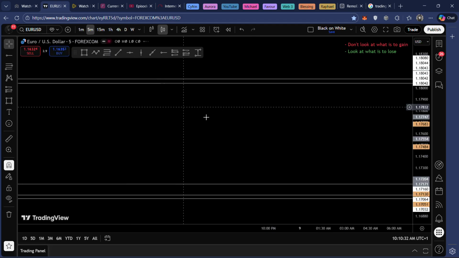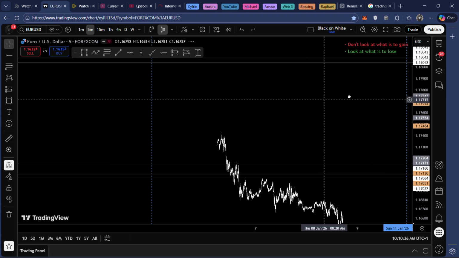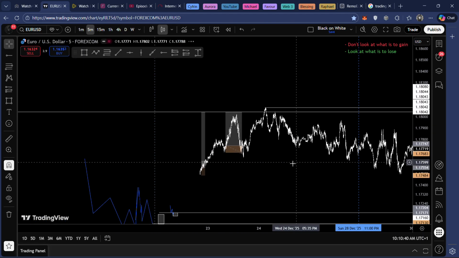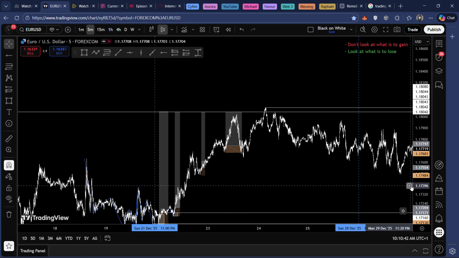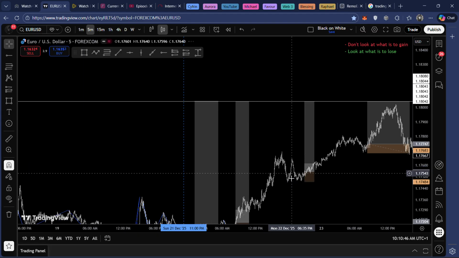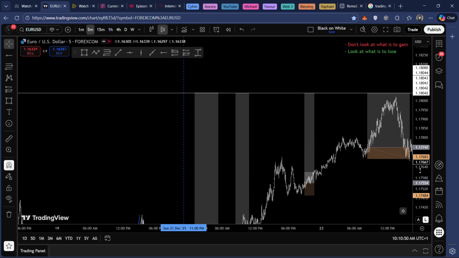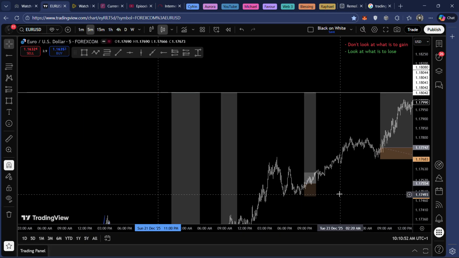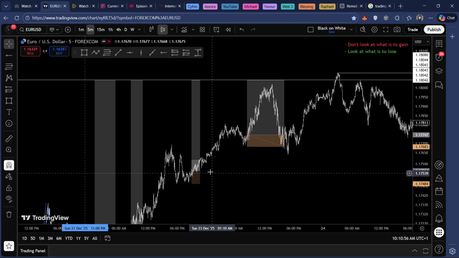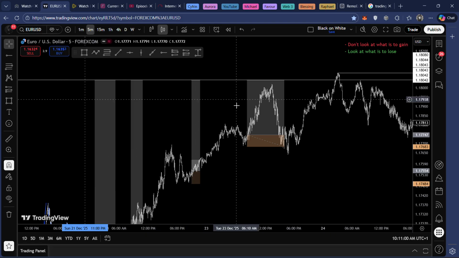So when I saw this one here, I was expecting that price is going to come back to take this as liquidity before it goes up.